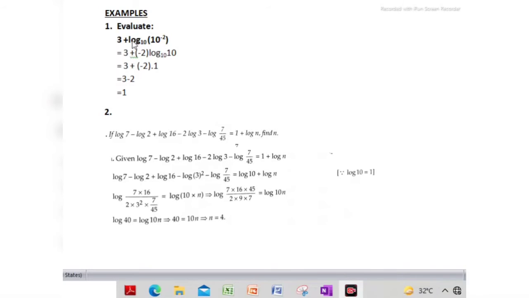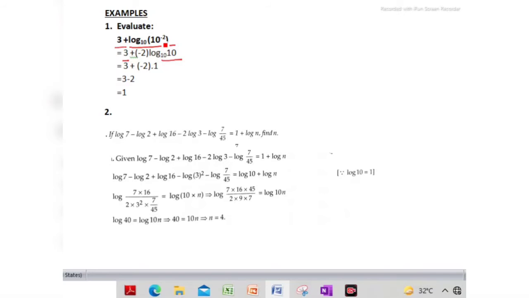The first example is: evaluate 3 plus log of 10 raised to the power minus 2 to the base 10. Here let us see how we can solve this. First let us keep 3 as it is, and by using the power formula, this whole term changes to minus 2 log of 10 to the base 10.